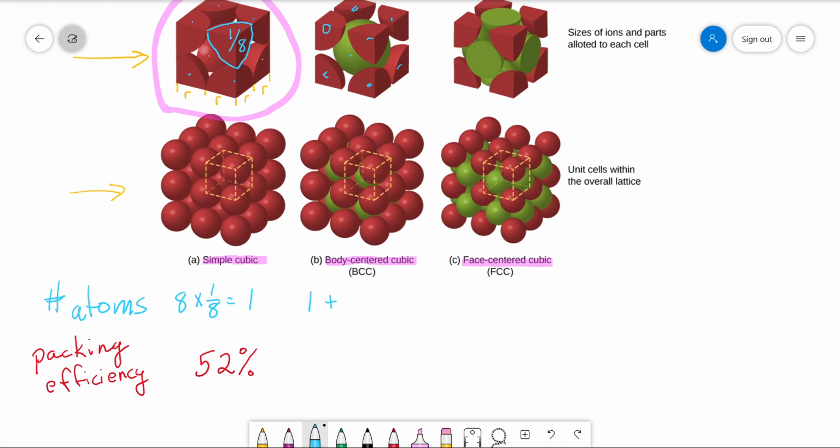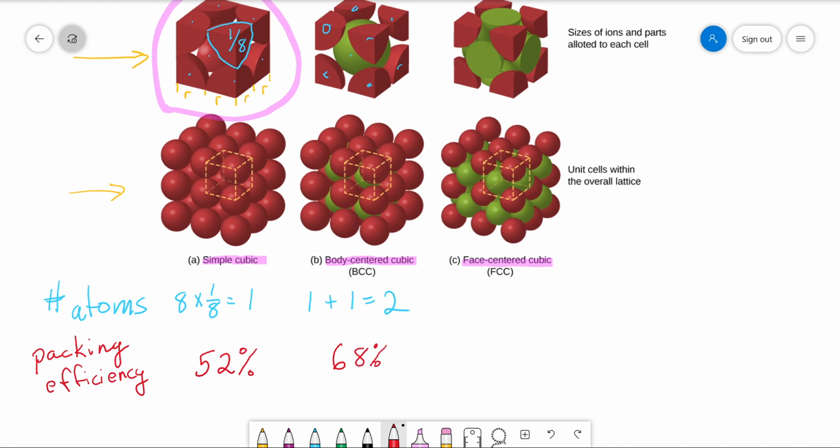That sphere is entirely encompassed by that cube. So that's 1 plus 1, that gives us 2. So there are 2 atoms there. Now we can see that this is definitely more efficient than the simple cubic. There's a higher packing efficiency because there are more atoms. And this gives us a packing efficiency of 68%.